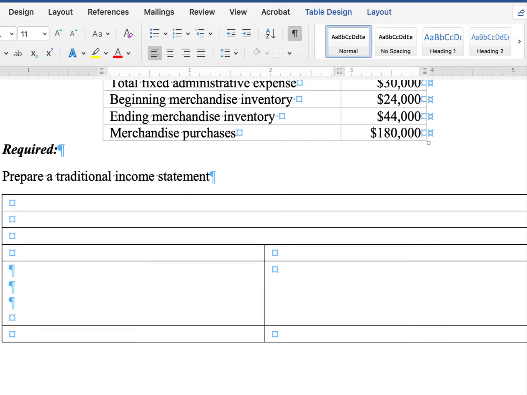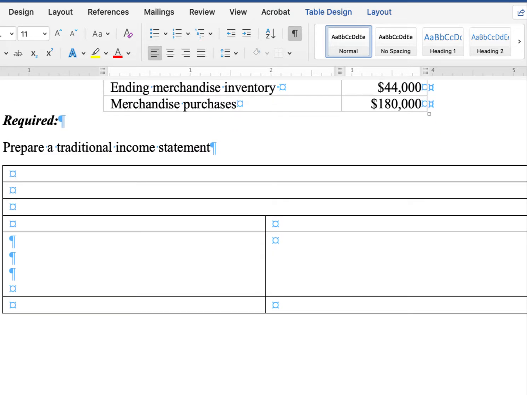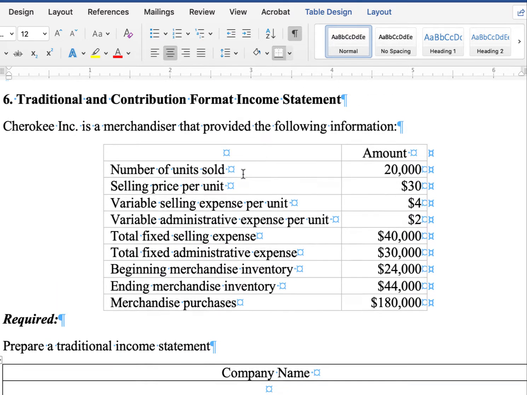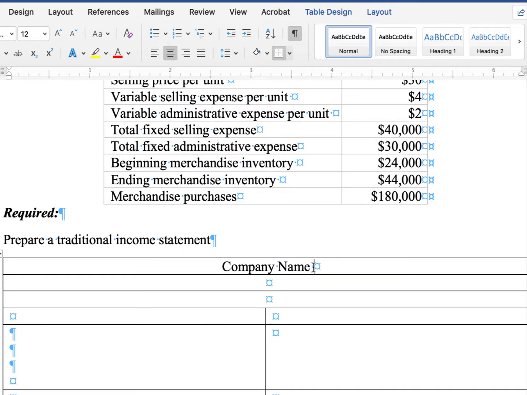I already gave you a nice little template to start with. This is proper form. Notice there are three rows right at the top, because we want to make sure we do this in proper form. First would be the company name. I don't think this problem gave us one, so we would put in Cherokee Incorporated.